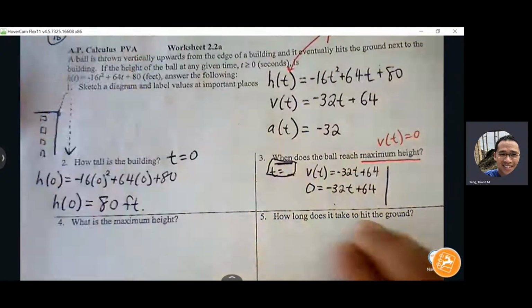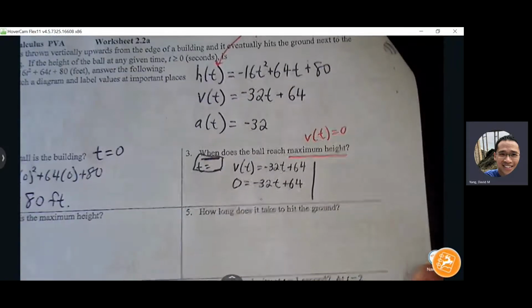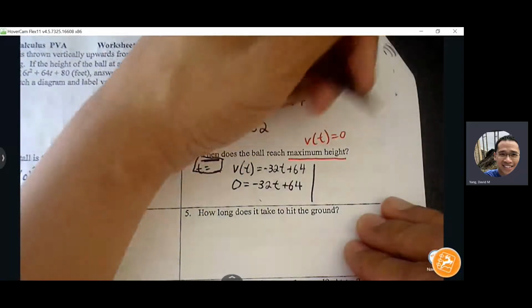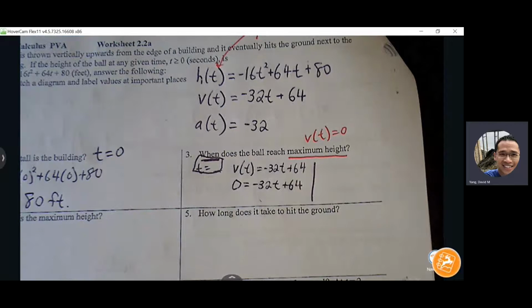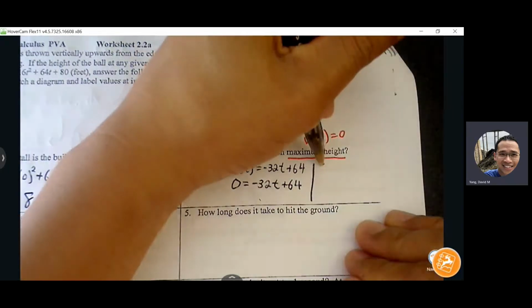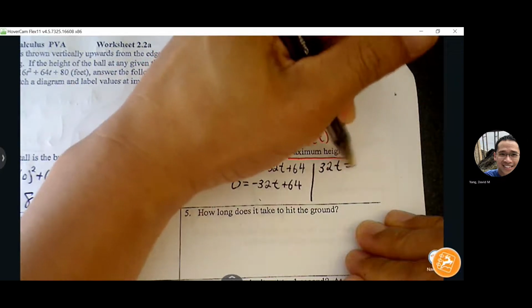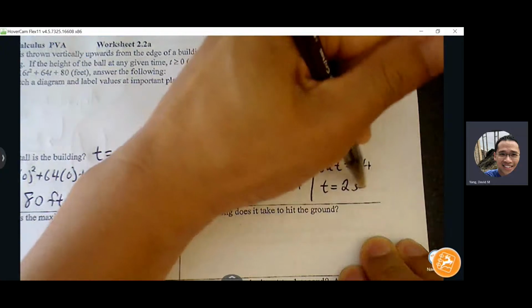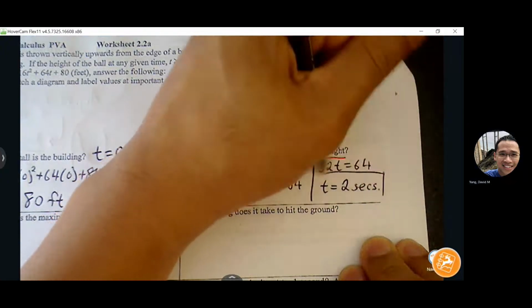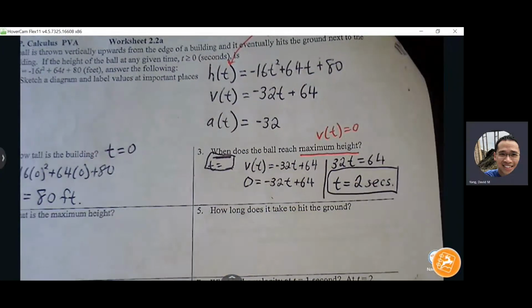Okay, so we're going to solve for t and figure out how long it takes for the ball to experience a velocity of 0. What's t equal to? 2 seconds, right? So it's going to take 2 seconds before the ball hits a velocity of 0, which is therefore maximum height.